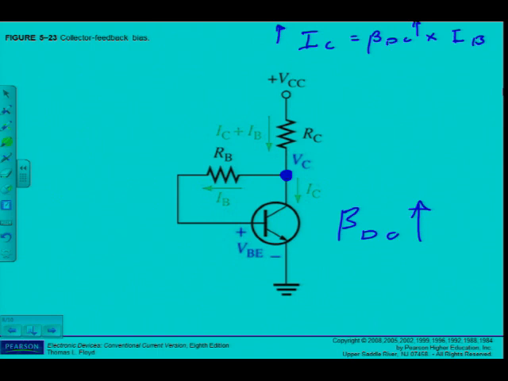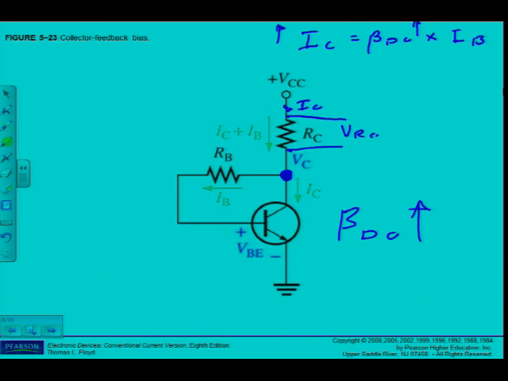Alright, so if IC increases, what is going to happen to the voltage drop over RC?